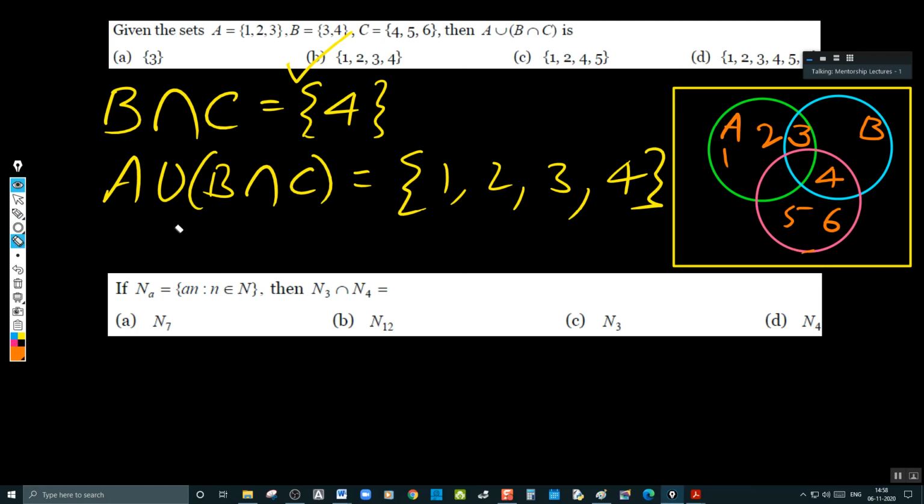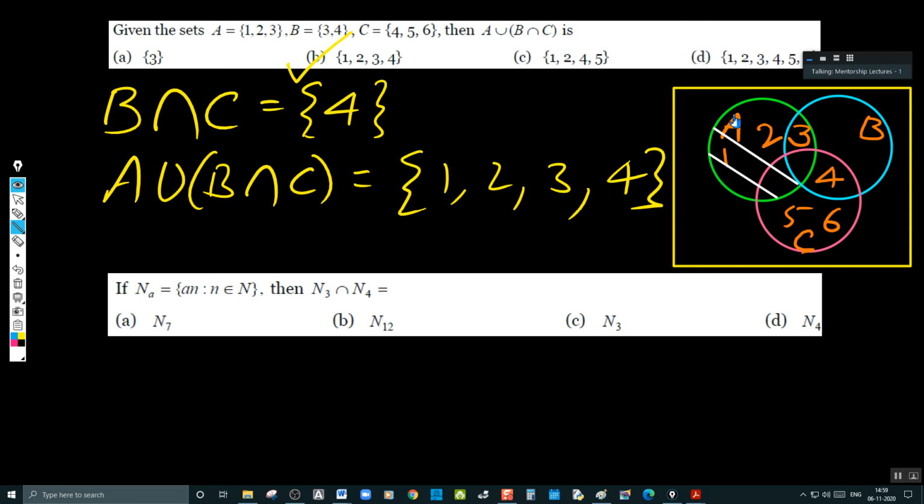Now it is clear and you can understand that easily. What is A union B intersection C? B intersection C is this part. A means the entire part. I'll show you through the line shading. A means this one.